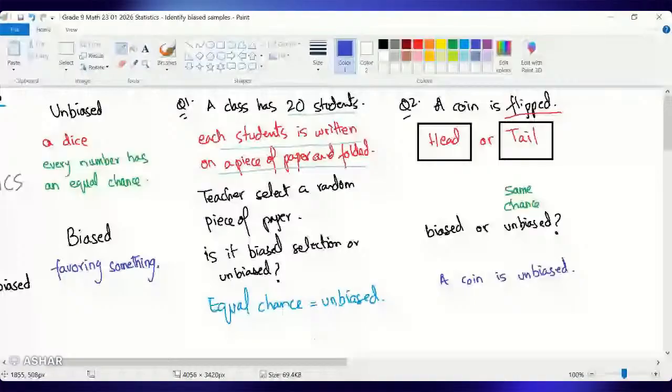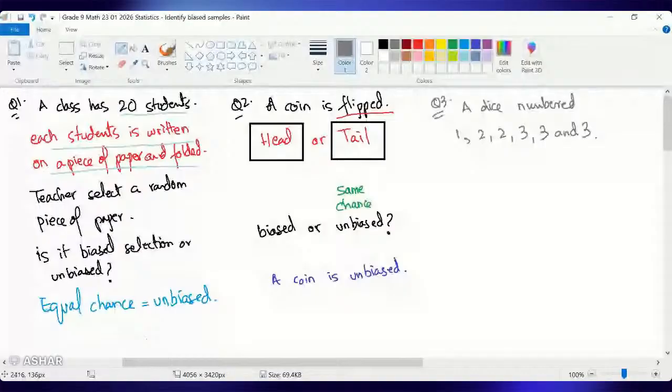How many possibilities? Can you give me the number of possibilities? There are a total of three possibilities. It could be a 1, a 2, or a 3.